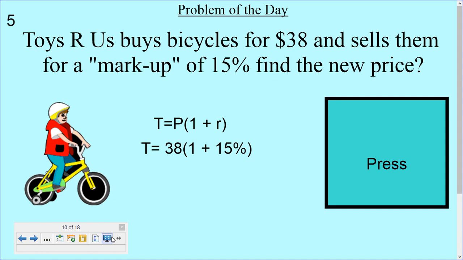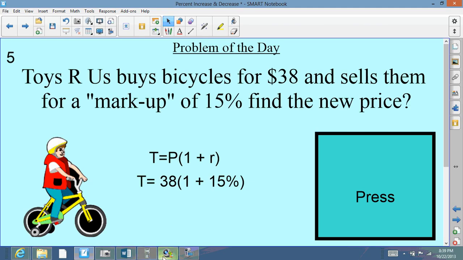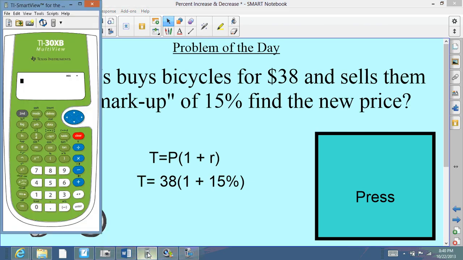So let me get a calculator and multiply this out. 38 times 1 plus 15%. And remember, to get that percent, you type second and the left parenthesis and close parenthesis.